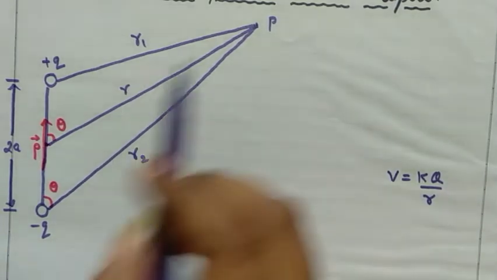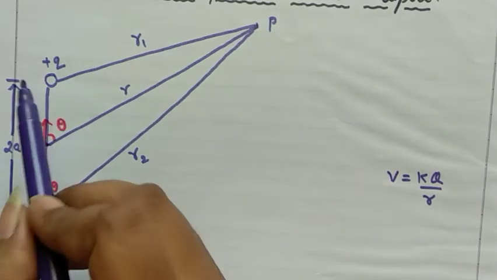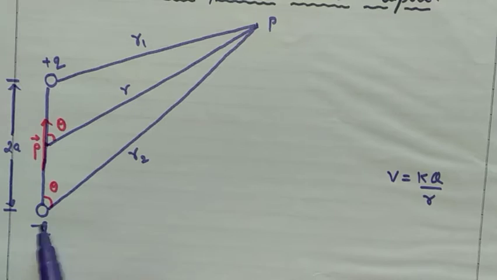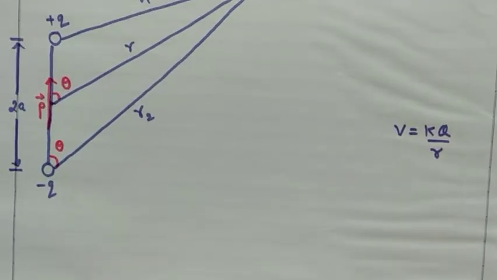So we know the potential at this point due to the positive charge and due to the negative charge, and by using the principle of superposition, we will add both to obtain the resultant potential at point P.